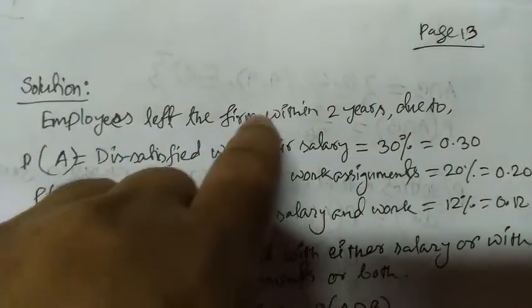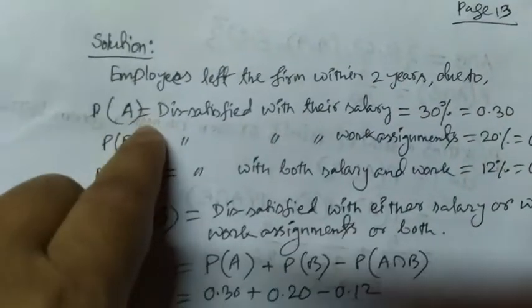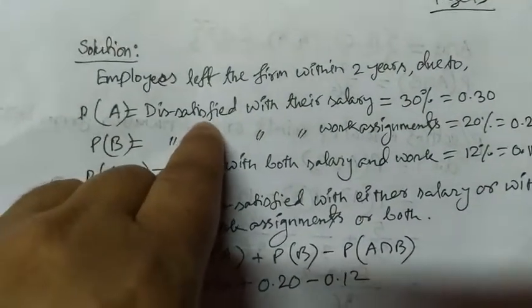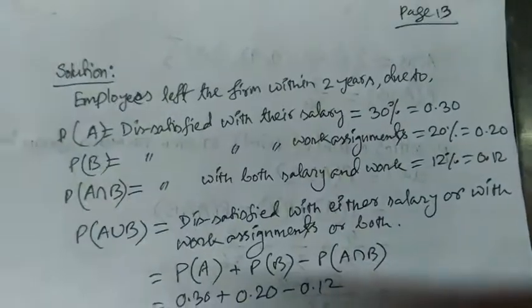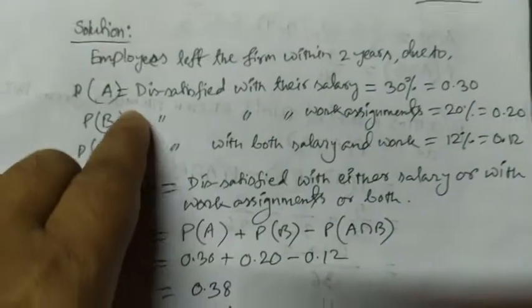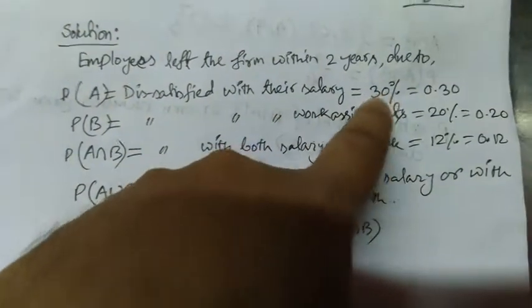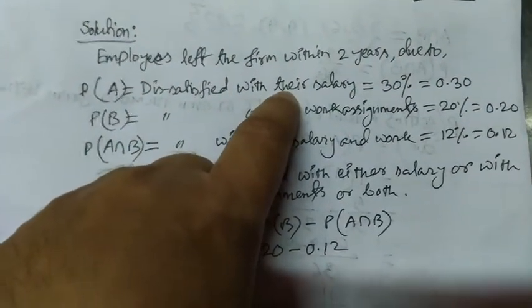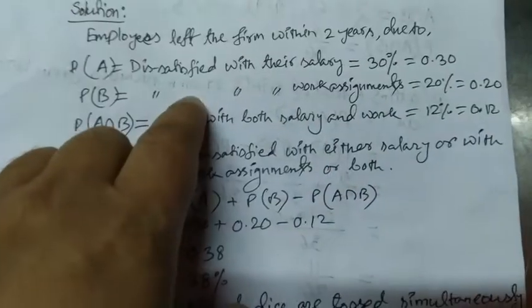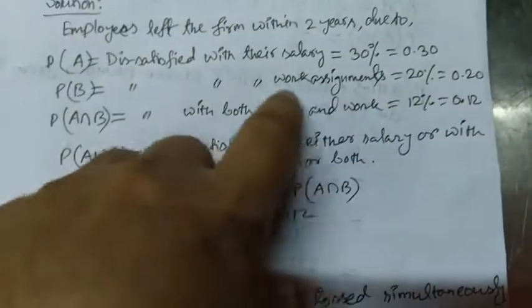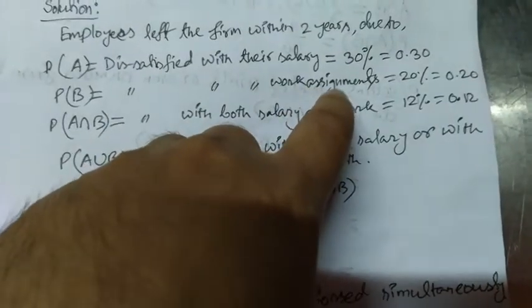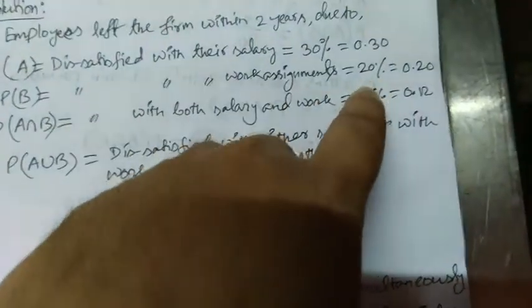So employees left the firm within 2 years due to event A, that means probability of A, dissatisfaction with their salary. 30% of employees left the company within 2 years due to dissatisfaction with their salary, so the probability is 0.30. 20% left due to dissatisfaction with their work assignments, so the probability of B is 20%.